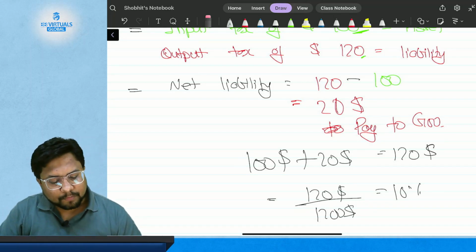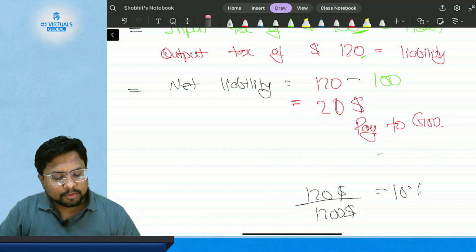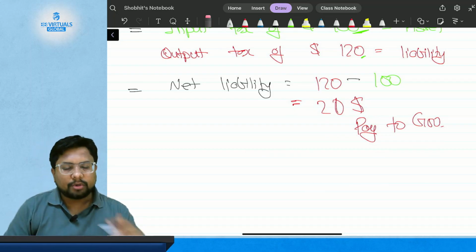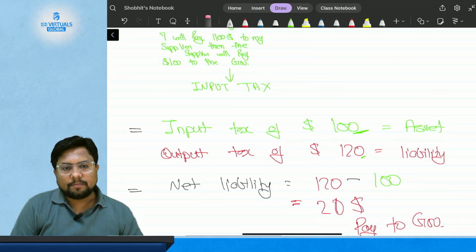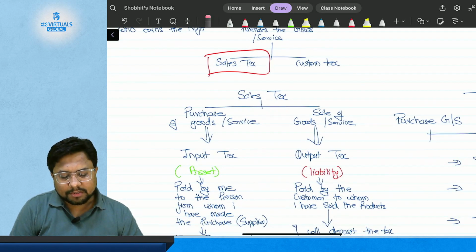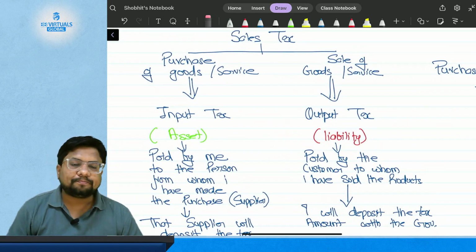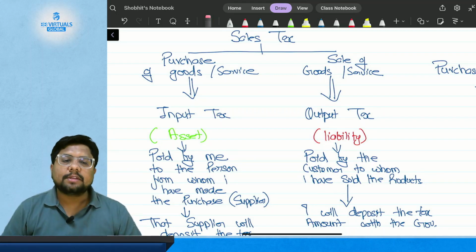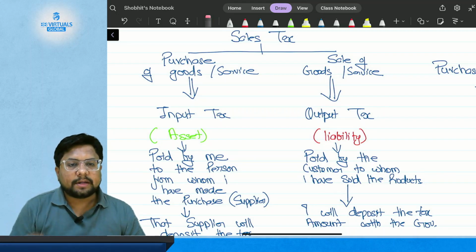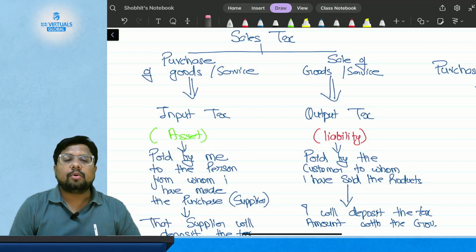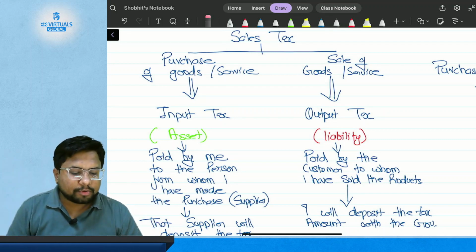So what I'm trying to explain to you is that the sale tax has two categories. First one is input tax, second one is output tax. So every time you make a purchase, you end up paying the tax, which becomes your input tax, and every time you make a sale, the tax which is going to be paid by the customer to you and which you are going to pay to the government becomes output tax.